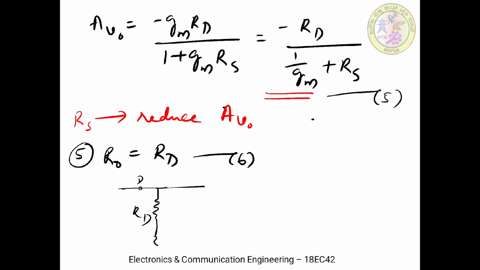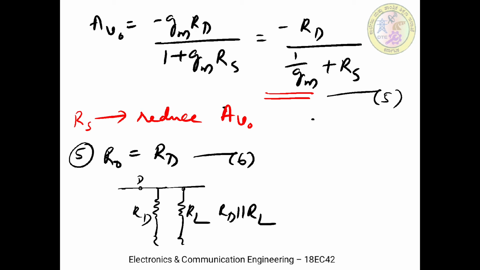So when a load resistance RL is connected, Rd and RL will come in parallel. Because of this RL connection, we can now replace the voltage gain equation.